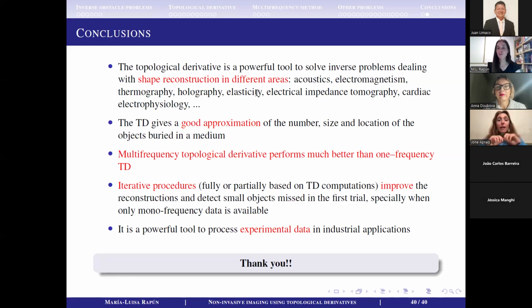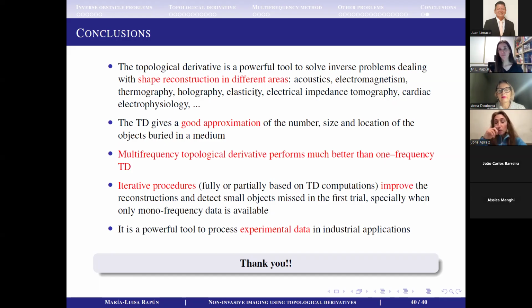Well, indeed, it's not defined in terms of the shape derivative, but you can use an equivalent definition in terms of shape derivative. This means that you can use the shape derivative to obtain a formula for the topological derivative. It's just one way to find this expression.